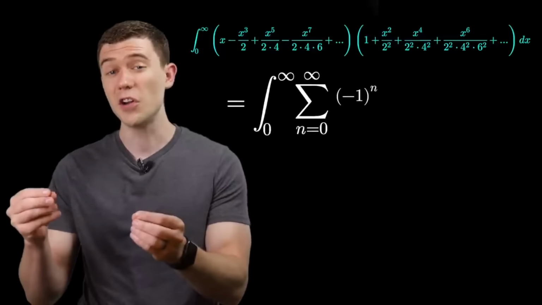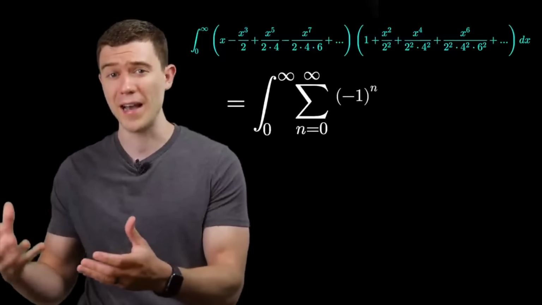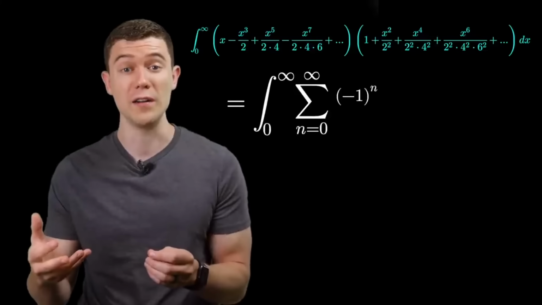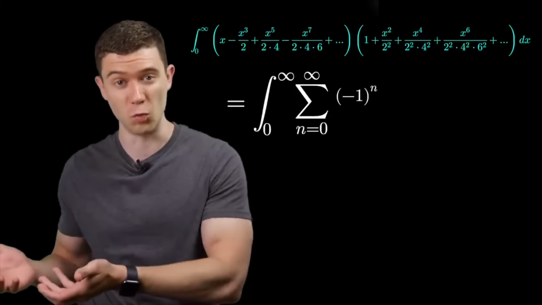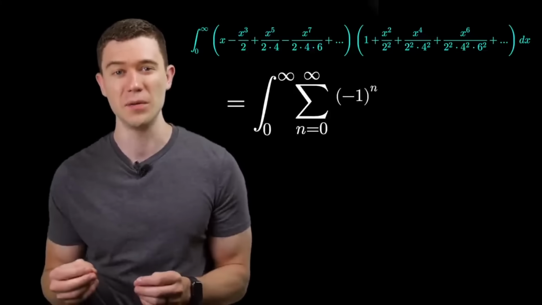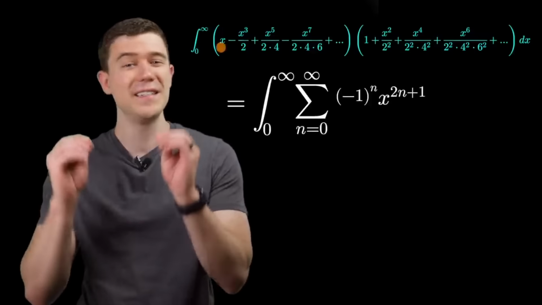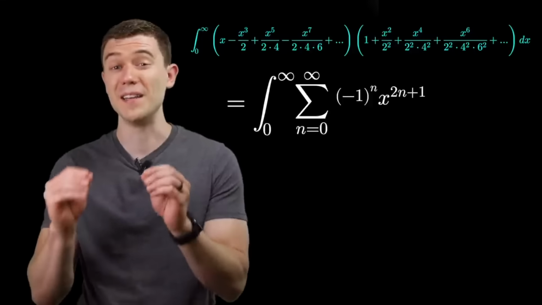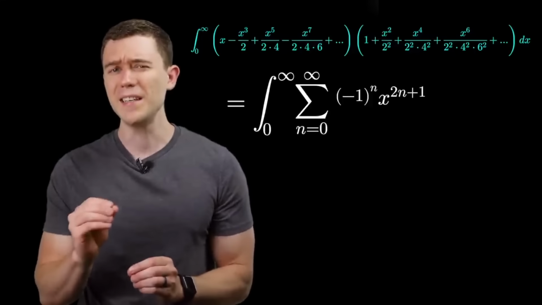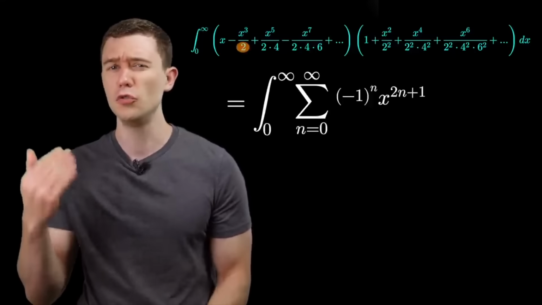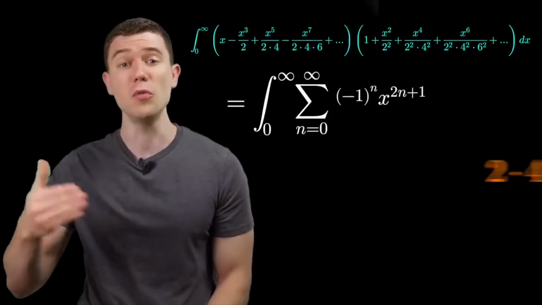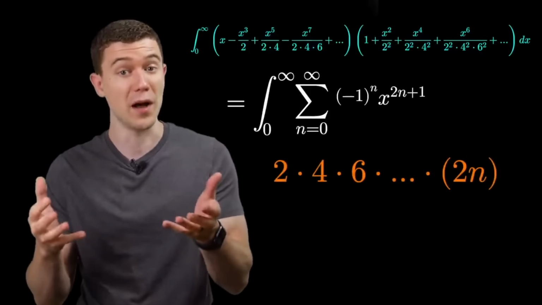We see each term has an odd power of x. The way we can write an odd number here is 2n plus 1, where n is a natural number, so we'll have an x to the 2n plus 1. The pattern in the denominator of this first sum is what's tricky. Basically, that pattern goes like 2, 4, 6, 8, all the way up to 2n, the product of this.